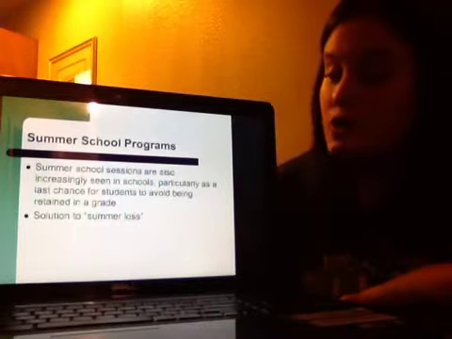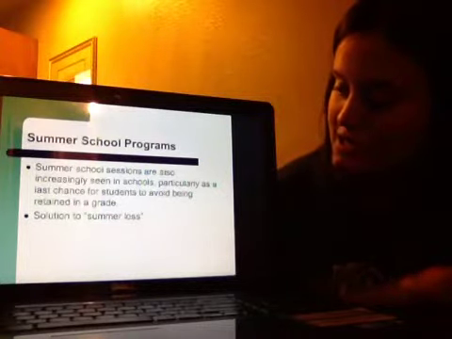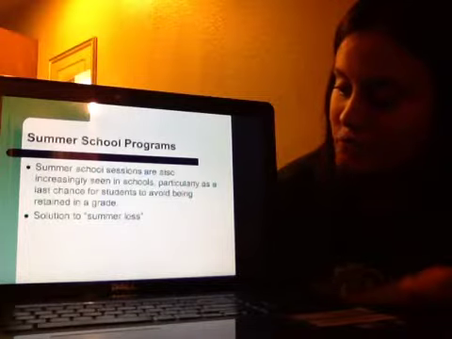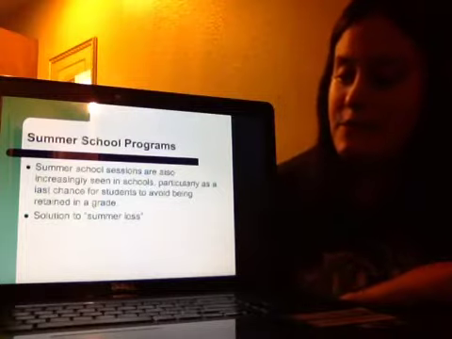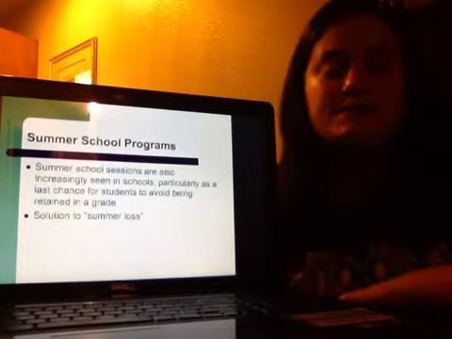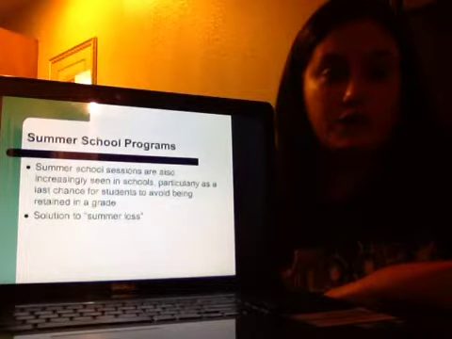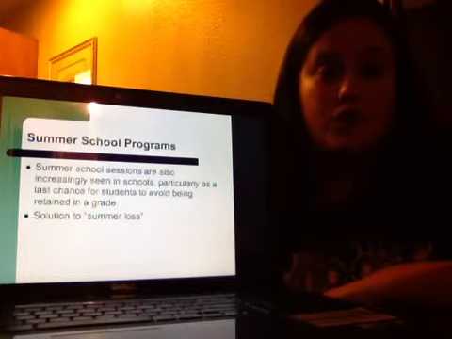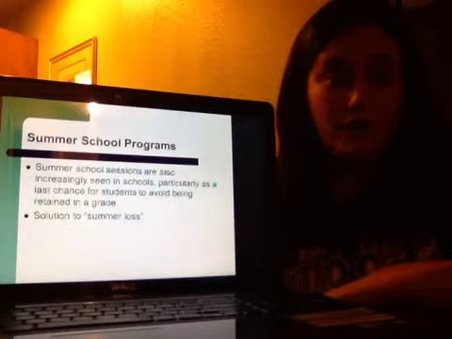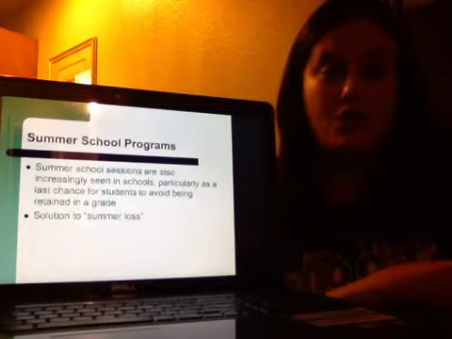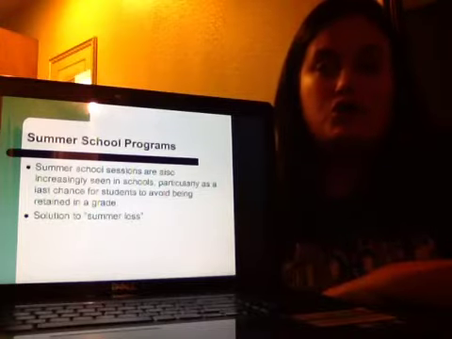And for summer school programs, summer school sessions are also increasingly seen in schools, particularly as a last chance for students to avoid being retained in a grade or having to repeat the grade. And in the book, they called it a solution to the summer loss. What this means is they found that students that come from low-income homes or low-income communities don't seem to retain the material that they've learned in the past year whenever they get out of school and it's summertime.